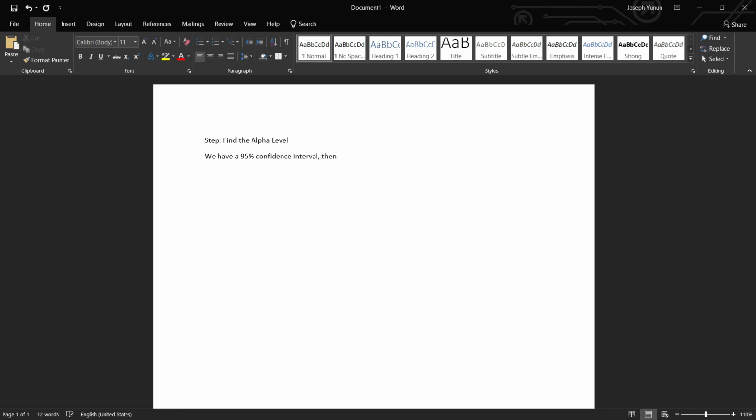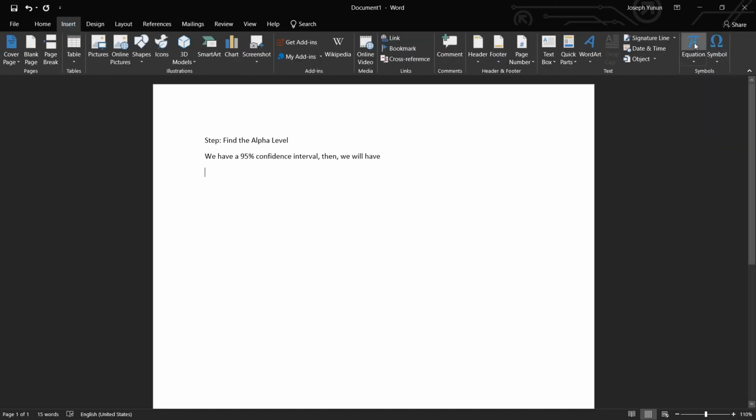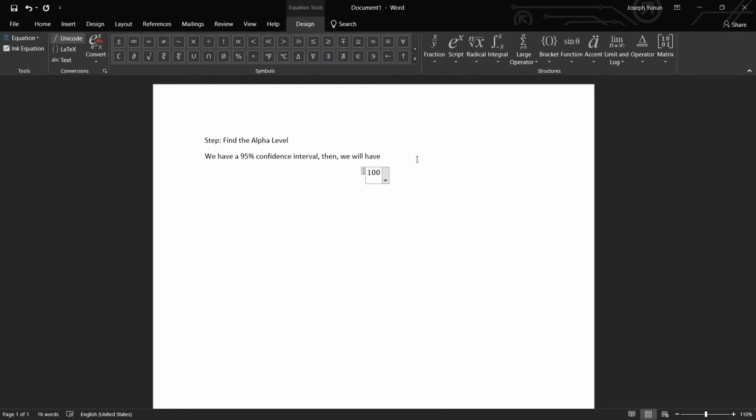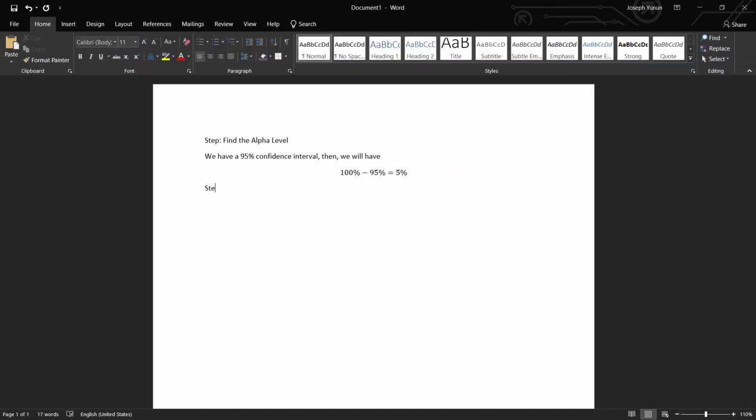We have to subtract that value from 100%, so 100% minus 95% gives us 5%. Now for step number 2, so this is step 1.